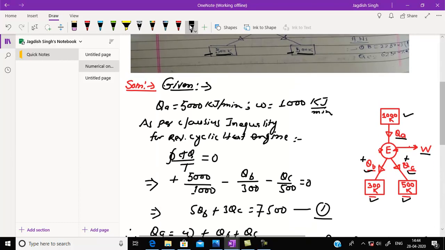This Q amount of heat is given. 5000 kilojoule of heat is received from the 1000 Kelvin reservoir, and it delivers 1000 kilojoule per minute.